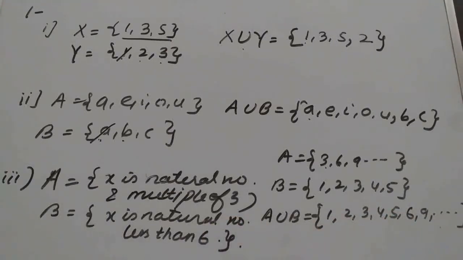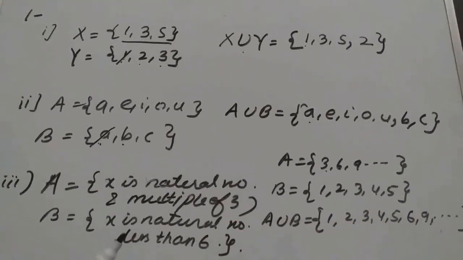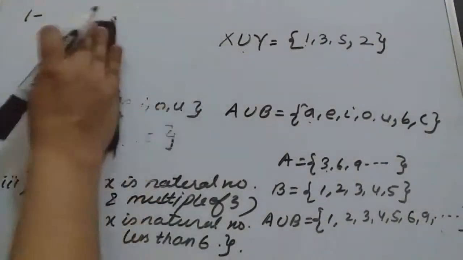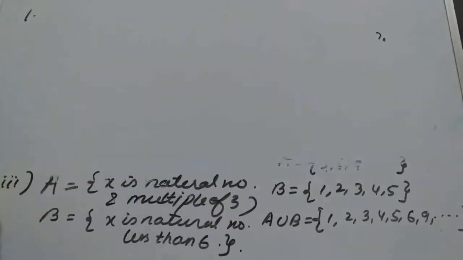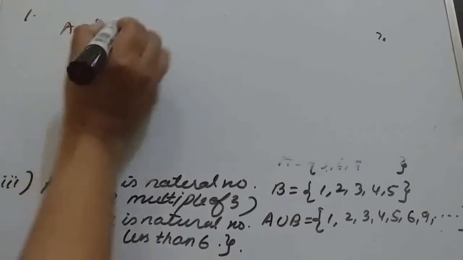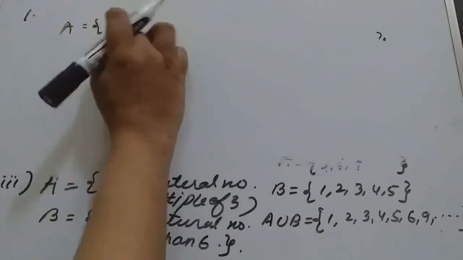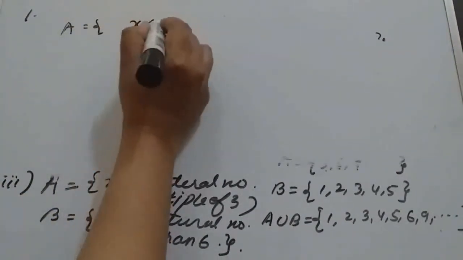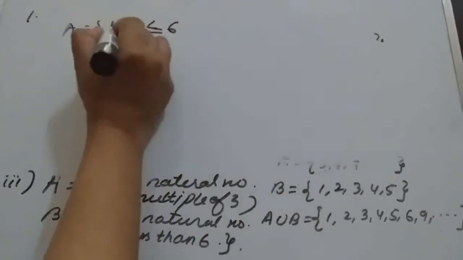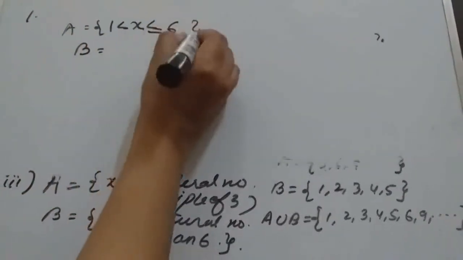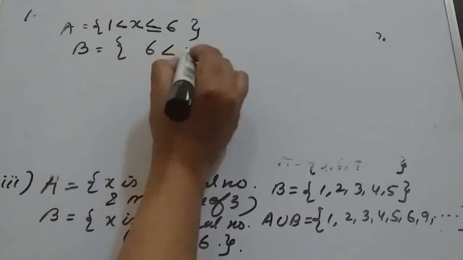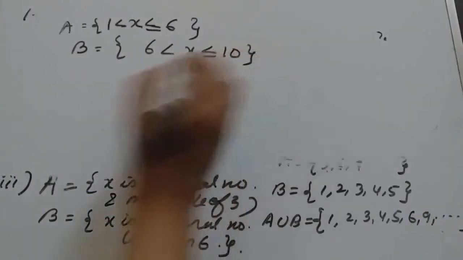Okay. Then next question, the fourth is: A, x is a natural number and x value is less than or equal to 6 and greater than 1, and B is natural numbers between, okay.